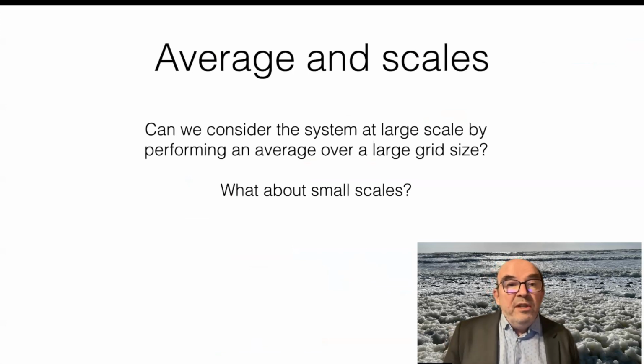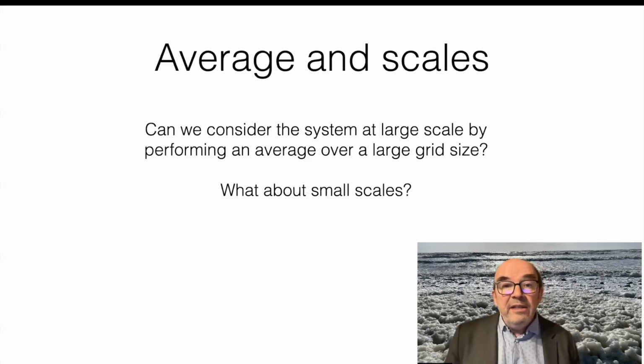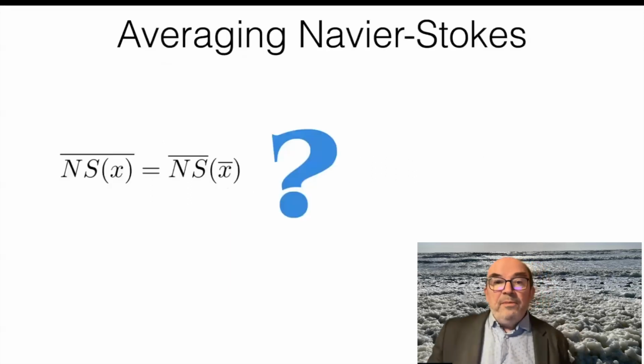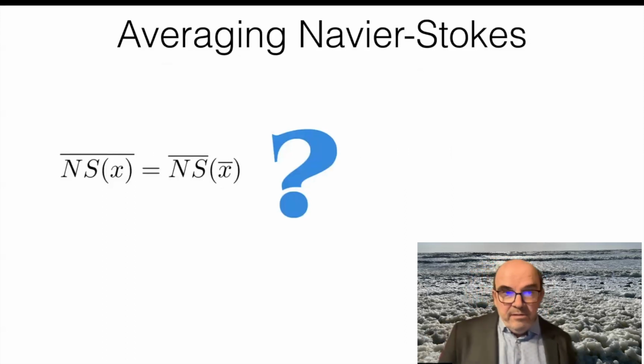So you have a problem of scale here. And the question is: can we consider the system at a large scale by performing an average over a large grid size? What about the small scales? Are they not important? Can you neglect them? This question is synthesized here: is the average of the Navier-Stokes equation equal to the Navier-Stokes equation applied to a large grid?